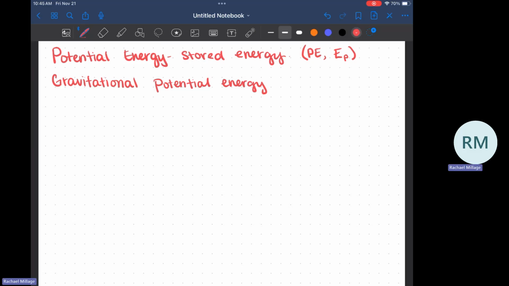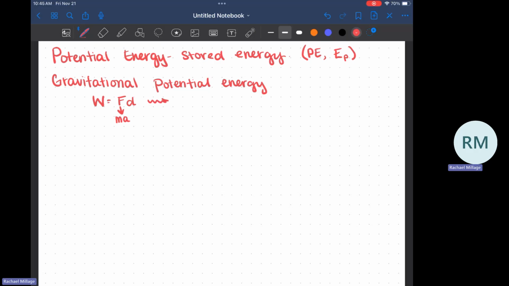So the work required to lift that object up is going to be the force times the distance, right? What is the force that we have to overcome because of gravity? If force is mass times acceleration, what is the acceleration? 9.81.